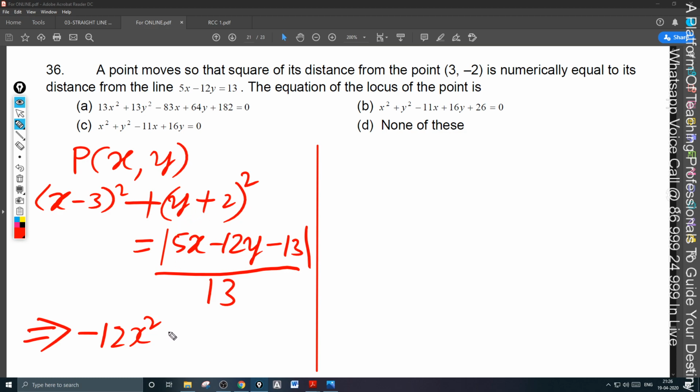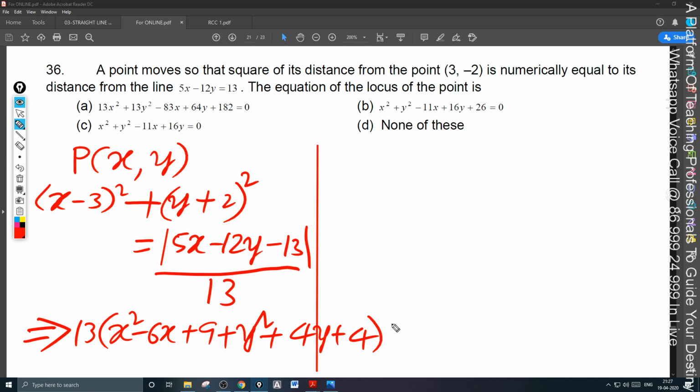Simplification, you must get the common terms. 13 into (x square minus 6x plus 9 plus y square plus 4y plus 4) is equal to, okay, there is no square for this. Perpendicular distance, plus or minus 5x minus 12y minus 30.